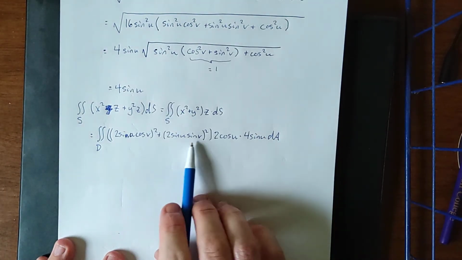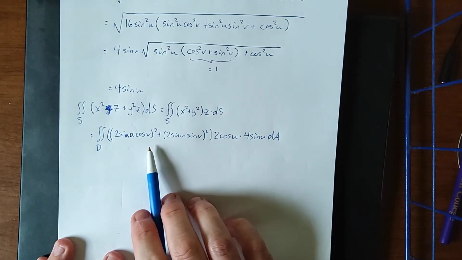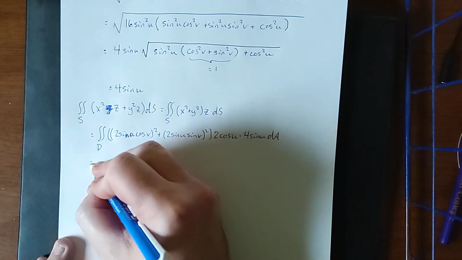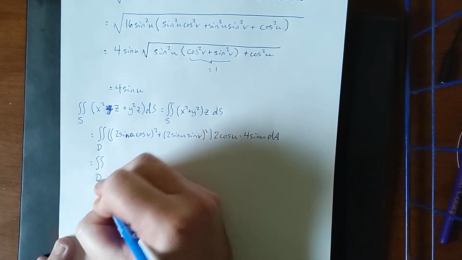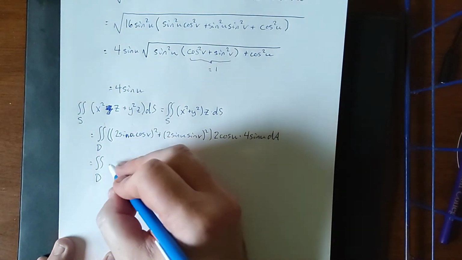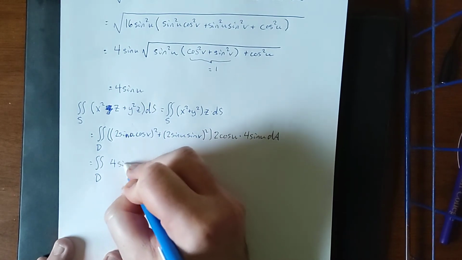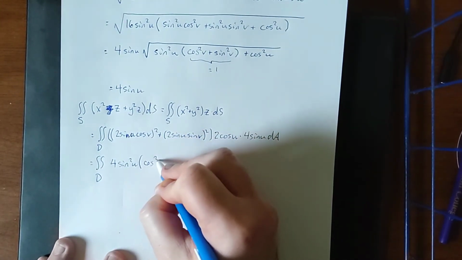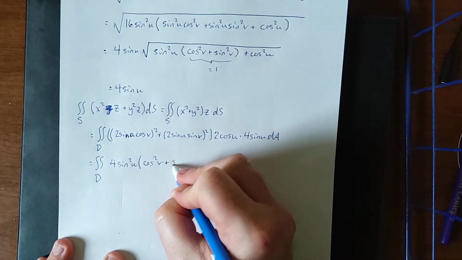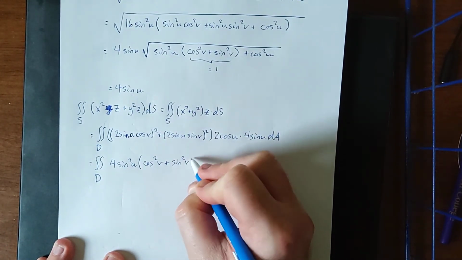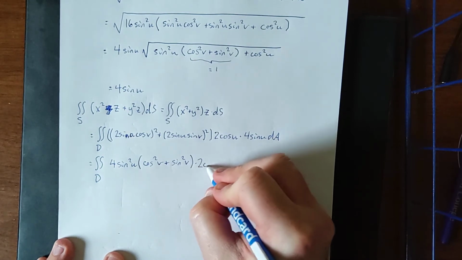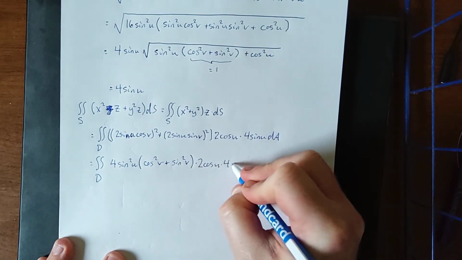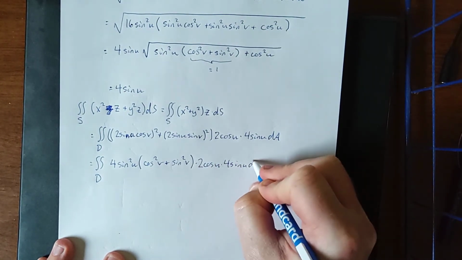Now, through the use of squaring these and factoring out a common factor of, I believe, 4 times the sine squared of u, I believe we're going to get another Pythagorean identity in here. So this will be 4 times the sine squared of u times cosine squared v plus sine squared v times 2 times the cosine of u times 4 times the sine of u dA.